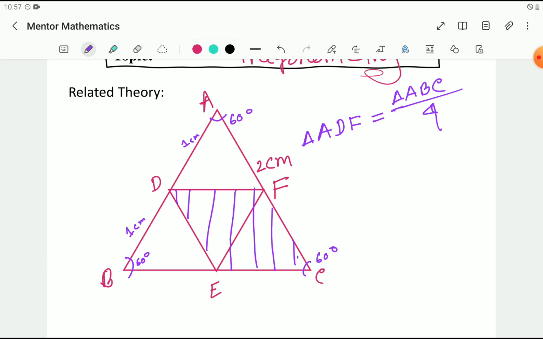So simply what we can do, we can find the total area of this triangle, and it's very simple. We can draw a line from here. Okay, I'm doing it with green. So this is our line.